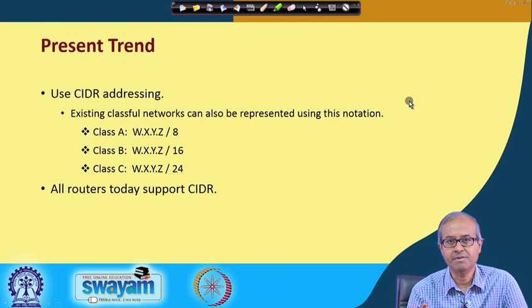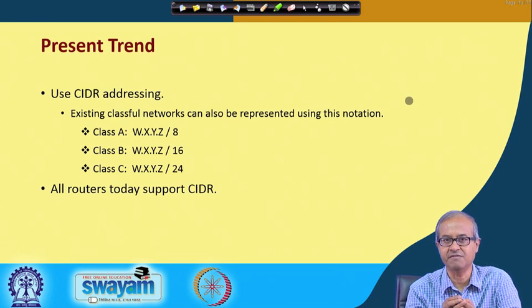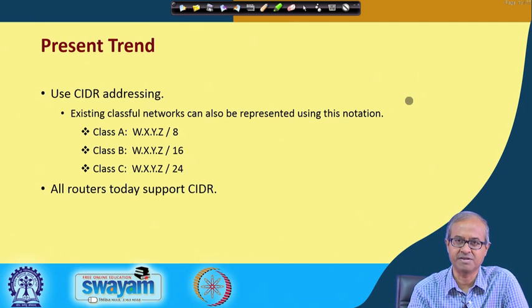And in fact, today almost all routers, the way the routing tables are configured, they use this CIDR convention for addressing. Class ABC is no longer used because it is very wasteful of IP addresses. See, your organization may have only 10, 20, 30 computers, but you take a class C address, let us say, and you are blocking all 255 addresses. So, it is not very efficient in terms of utilization.